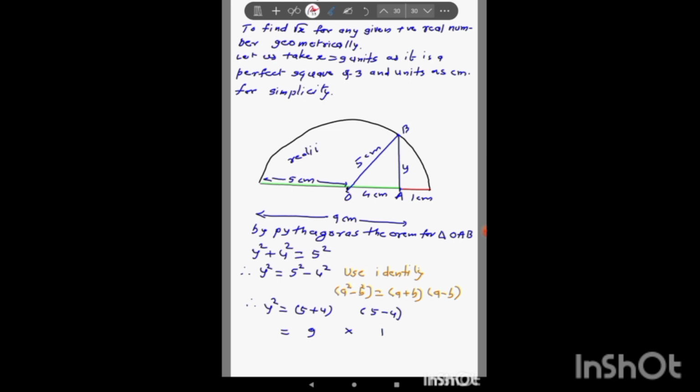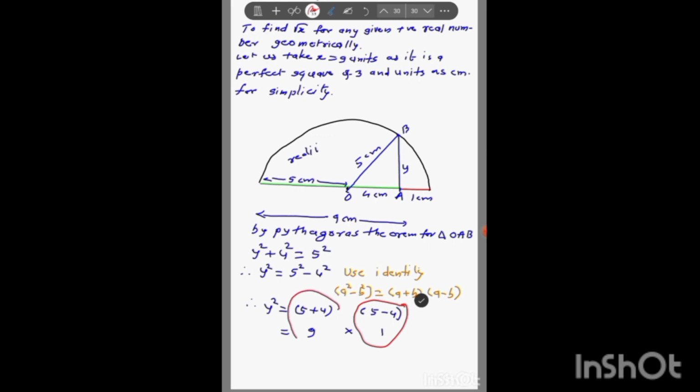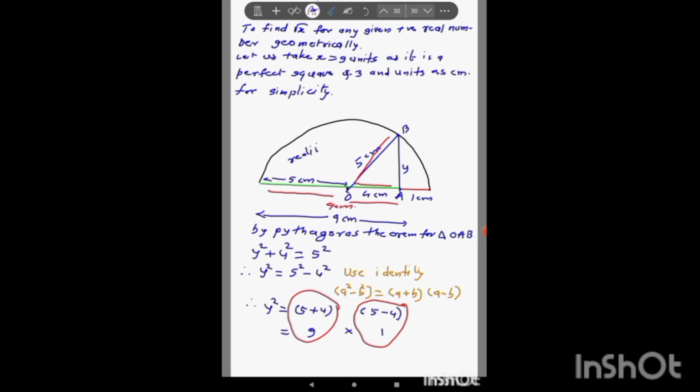And if you see this 5 plus 4, which is the two other sides of the triangle, 5 centimeter and 4 centimeter, the addition of this and this extended part 1 centimeter gives the addition of the segment which we have drawn. It's 9 centimeter, very interesting. Okay, so here you get y square equal to 9, very very interesting method.